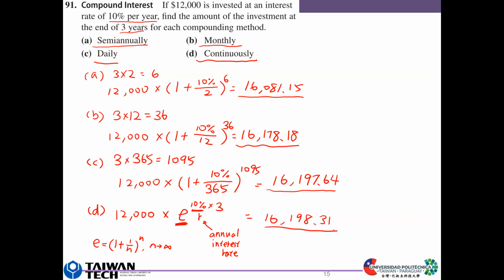So if it compounds continuously, you need to memorize this.